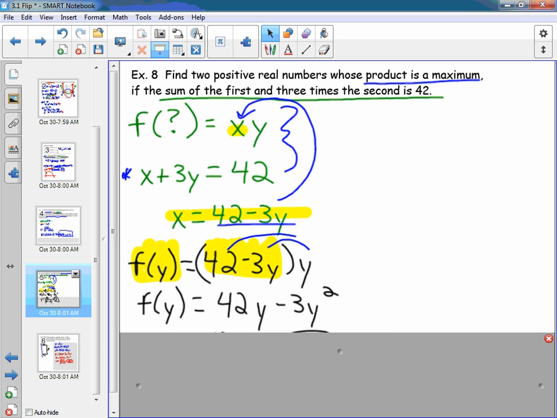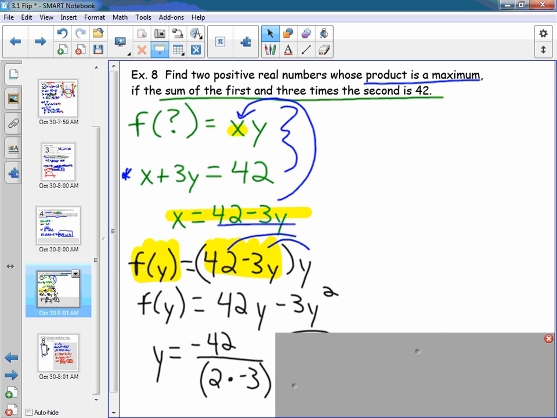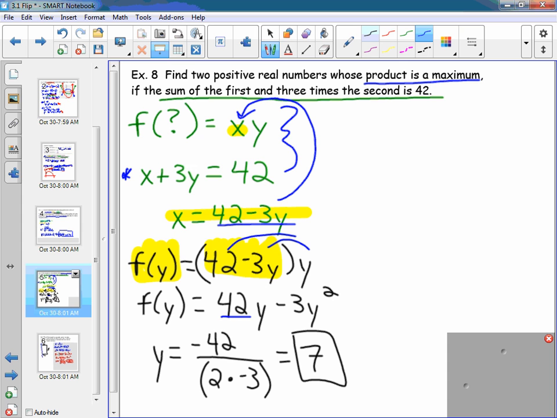And now that we have a quadratic, what we can do is figure out the maximum by utilizing our knowledge of negative b over 2a. So in this case, it'll be y equals negative b over 2a. So the opposite of b in this case will be negative 42, and then our value of a is negative 3. So we'll have negative 42 over 2 times negative 3. That comes out to be 7.